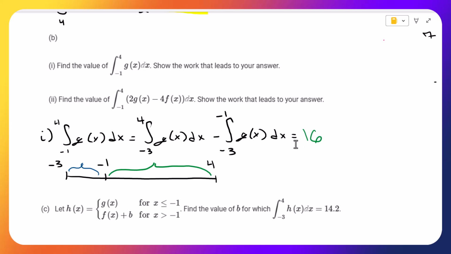Showing this integral property and this answer, I'm going to say it that way. This integral property right here that we used is going to get us 1 point. And getting our actual answer is going to get us a second point.